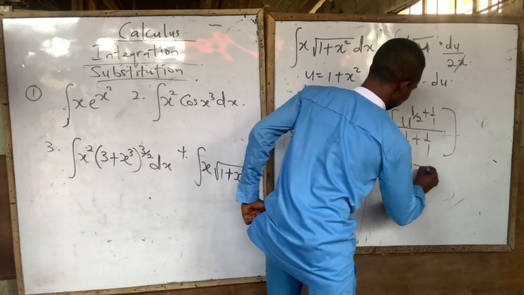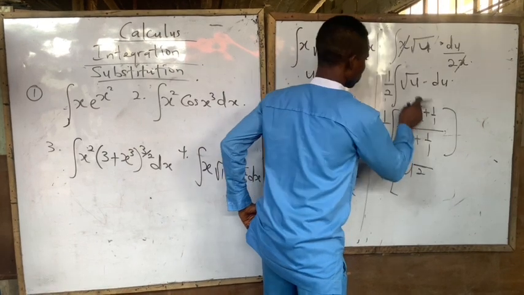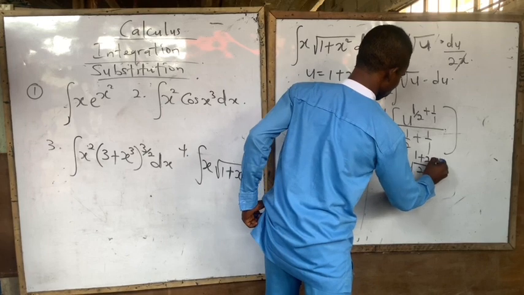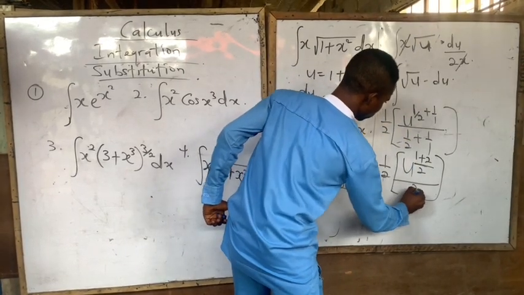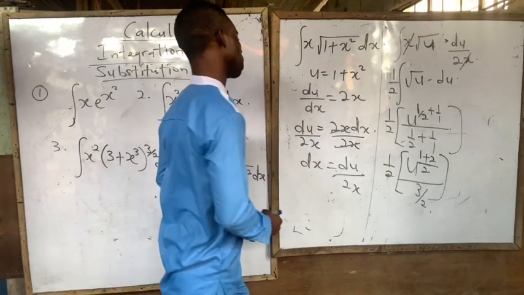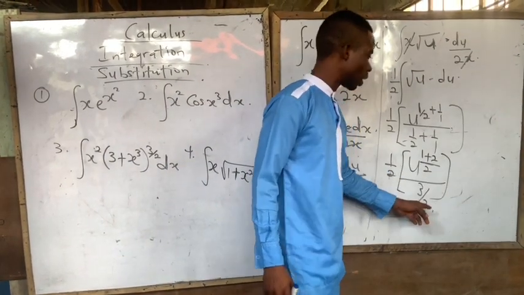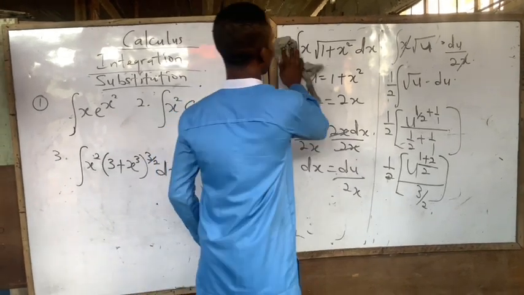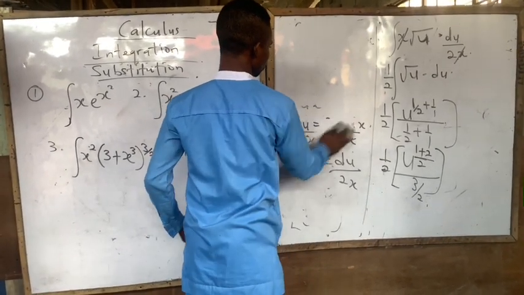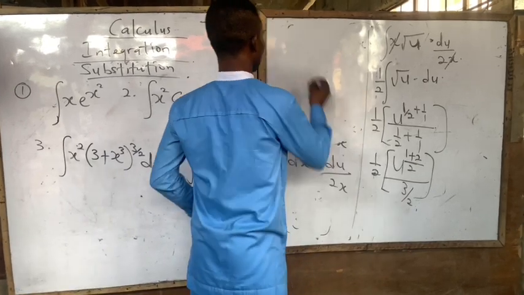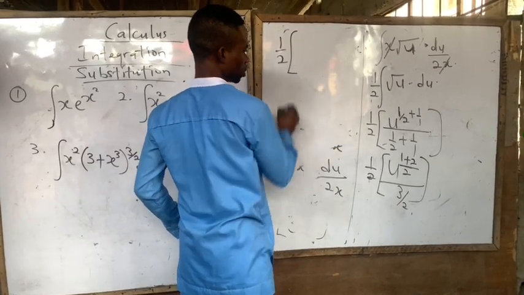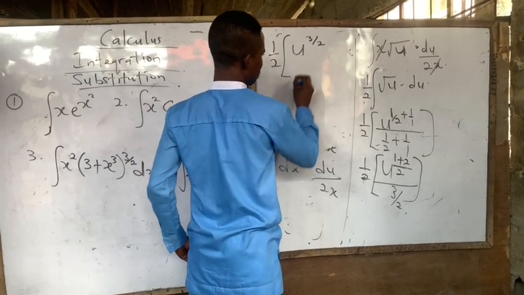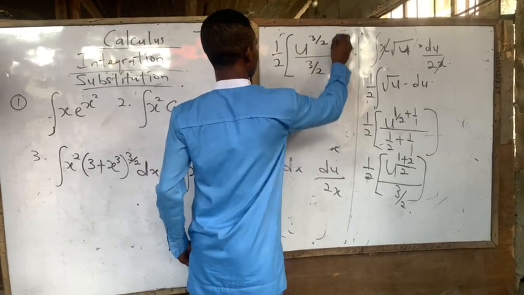You find the LCM. That is 1 plus 2, that is 3 all over 2. This will give me 3 all over 2, and this is the same thing I have to do down. So I have 1 all over 2 times u raised to power 3 all over 2, all over 3 all over 2.